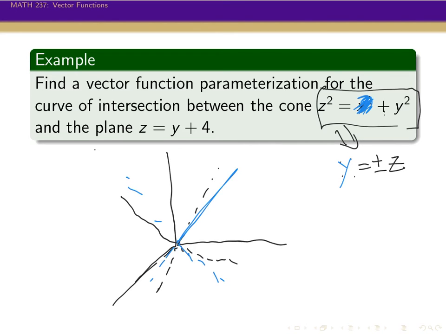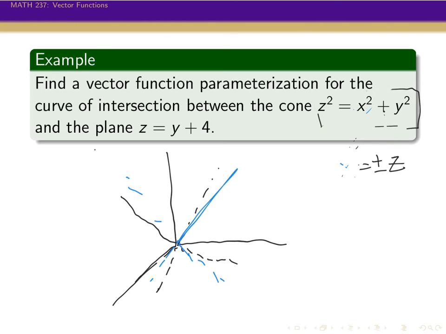Okay. Now I have an idea of what it looks like going up and coming towards me. I just have to get an idea of what horizontal cross sections look like. A horizontal cross section is setting z to be some value.